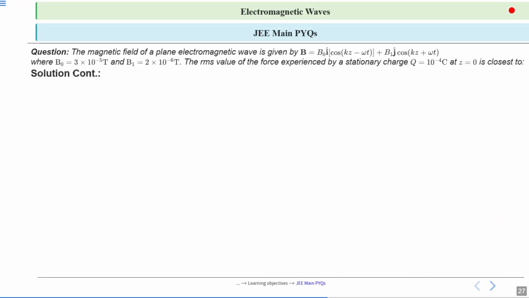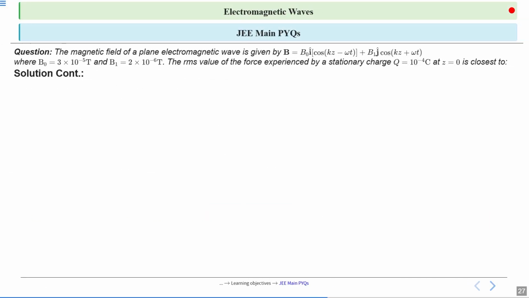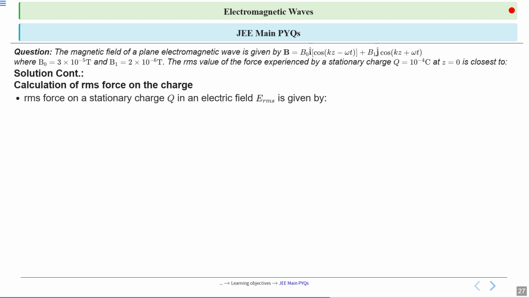Now we will calculate the RMS value of force experienced by the stationary charge. RMS force on stationary charge Q in an electric field E RMS is given by, we know that F equal to QE. That is the generalized formula.